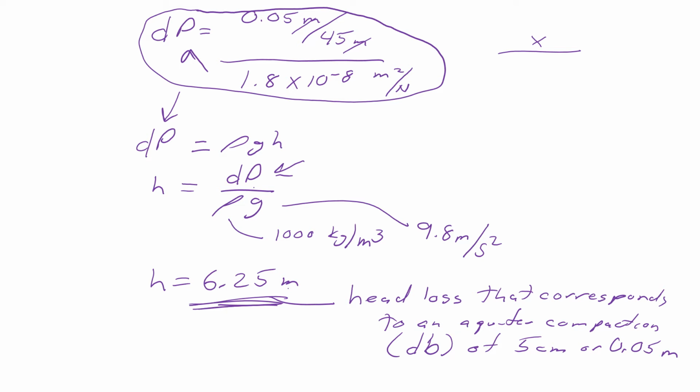And then on the bottom, we have meters squared per Newton. So dP equals 1 over meters squared per Newton. dP therefore equals Newton per meter squared, which is also a Pascal. Pressure should be measured in pascals, so that all works out.